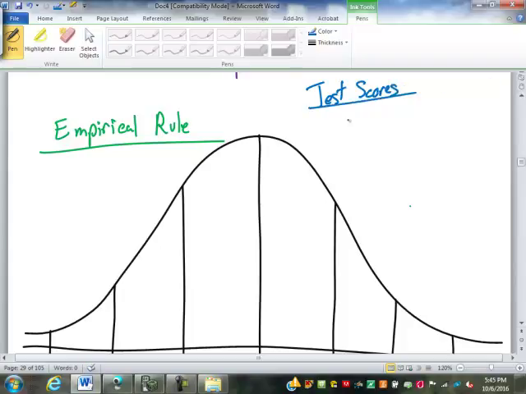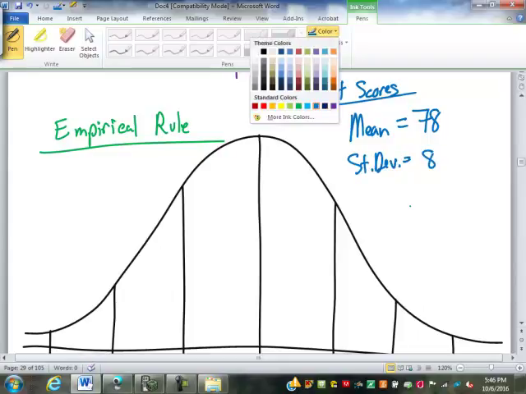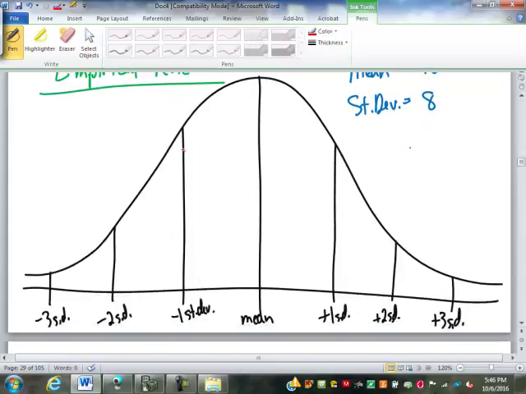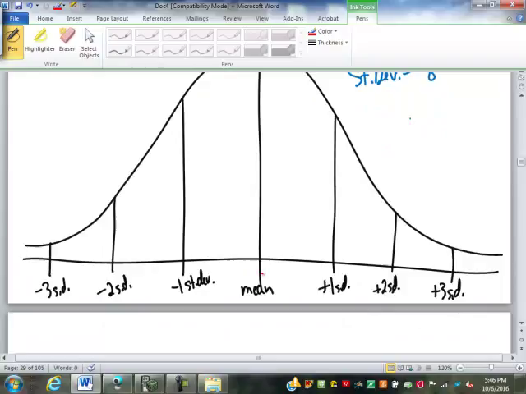And let's say that that next test, historically, over the last 15 years or so that I've taught this course, has a mean score of 78, with a standard deviation of 8. So what that means, the center of this curve is going to be 78. That's the mean. The standard deviation is 8.